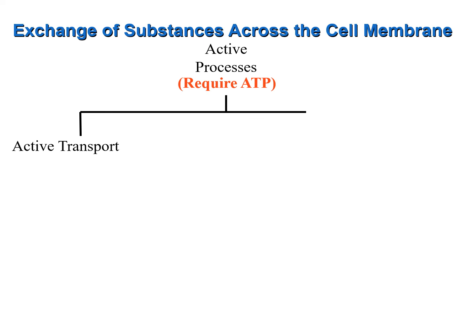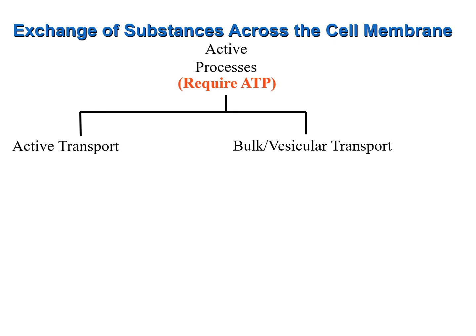A pump or carrier protein energized by ATP is involved in active transport. Larger substances or substances that are being moved across the plasma membrane in large quantities require vesicles, and the process called bulk or vesicular transport is used.